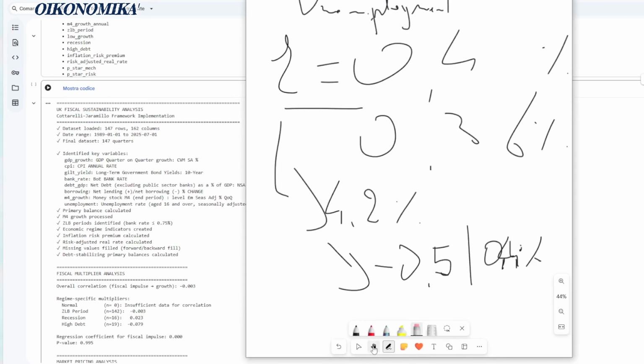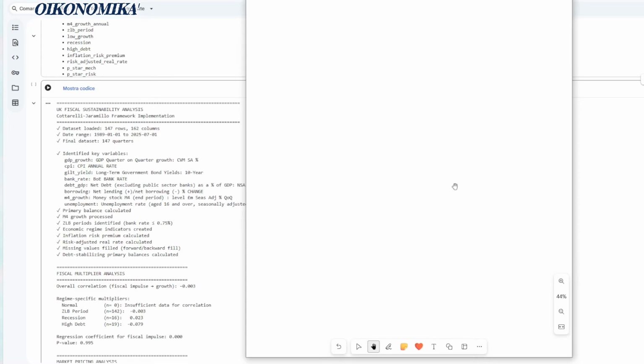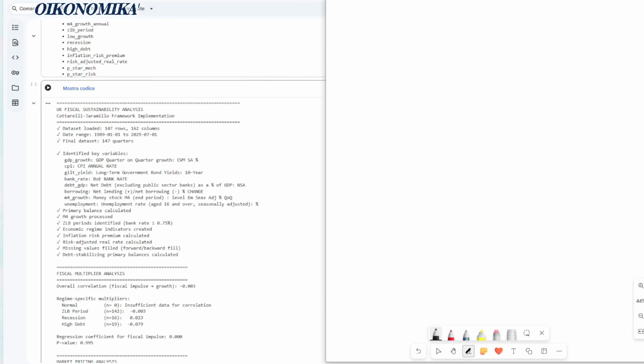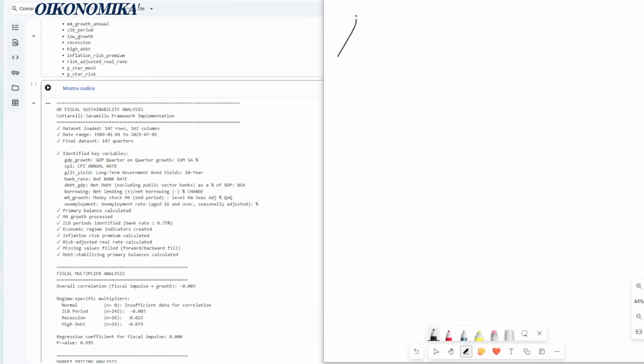So we want to assess fiscal sustainability across time with a particular equation, and we can do it in very simple terms. We want to identify the delta, the rate of change of the debt to GDP ratio at time t.